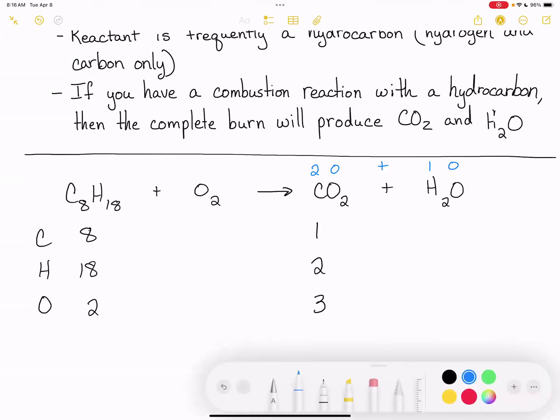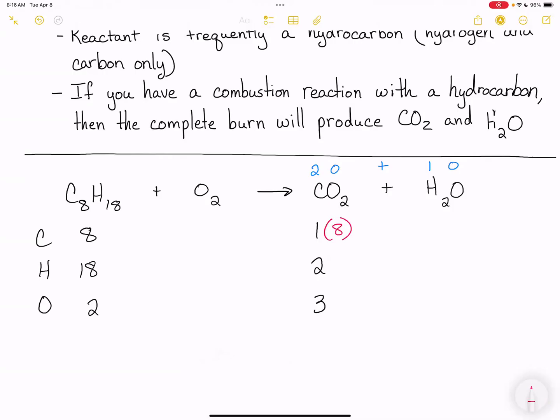Okay, so we begin. On the reactant side, there are 8 carbon. On the product side, there is 1. To get 8 carbon on the product side, we multiply by 8. Whatever you multiply by becomes the coefficient.